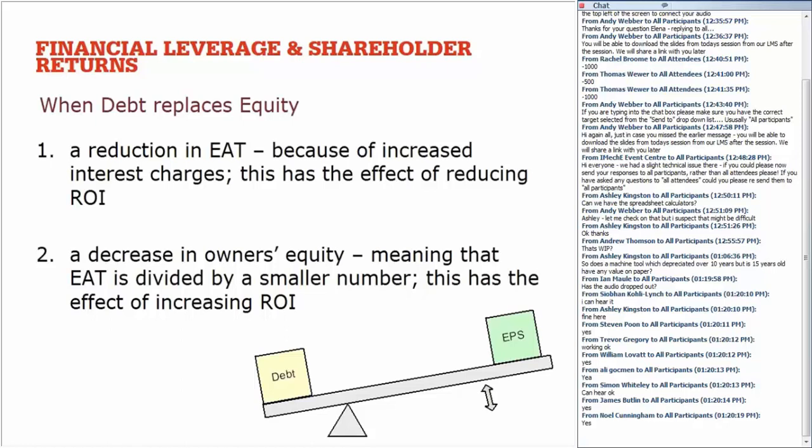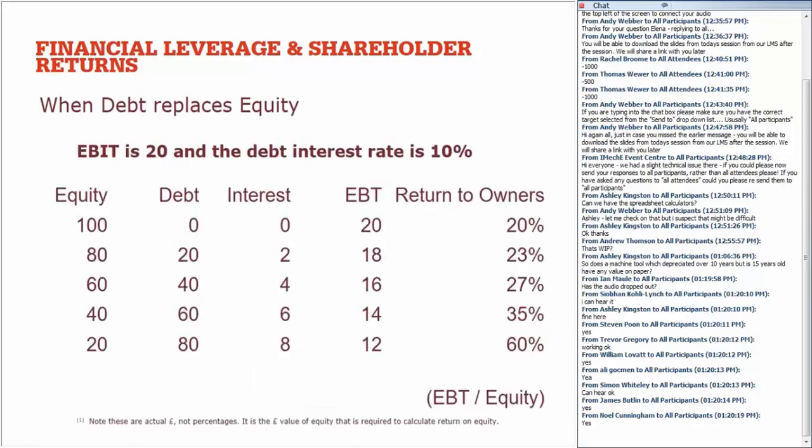Let's have a look at what that means in reality. So here we have equity 50. Now we're making a profit of 20 and debt is charged at 10%. Now, with 100% equity, we have no debt, therefore no interest. Therefore, we're dividing 20, the earnings before tax, by 100, which gives us a 20% return.